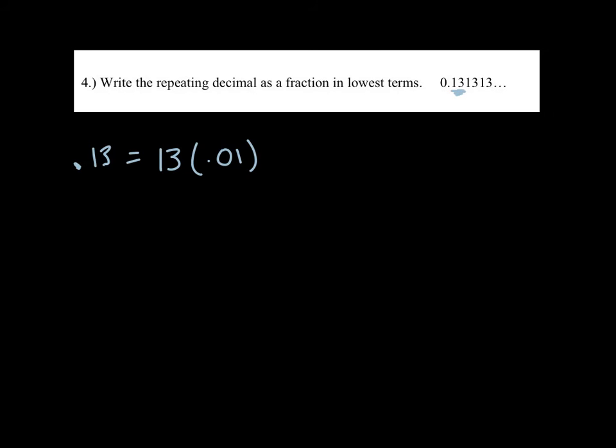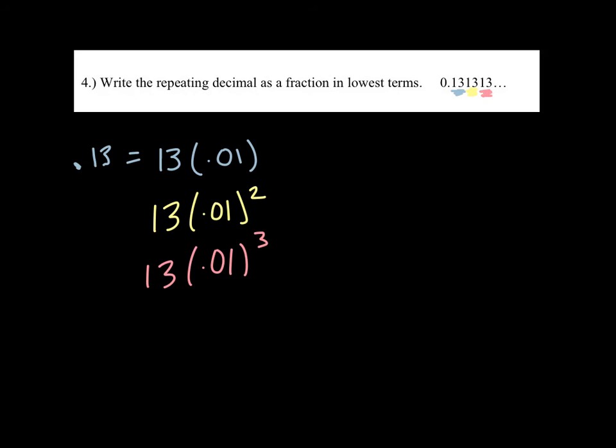So if we wanted the entire decimal, 0.13 plus 0.13 plus 0.13, each spot would have to have zeros in front of it. So what happens is each place value, so the second 0.13, would be 13 times 0.01 squared. And your last repetition would be 13 times 0.01 cubed.